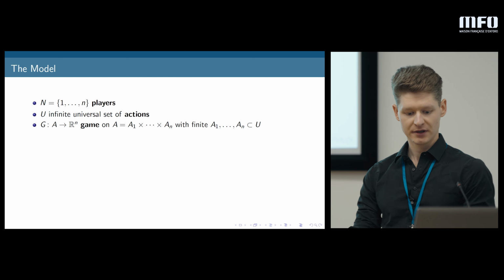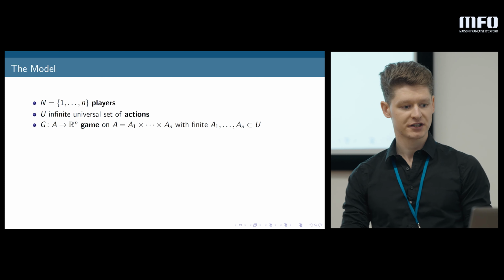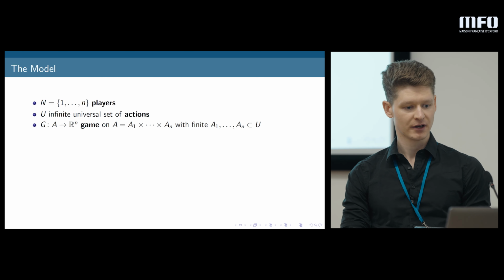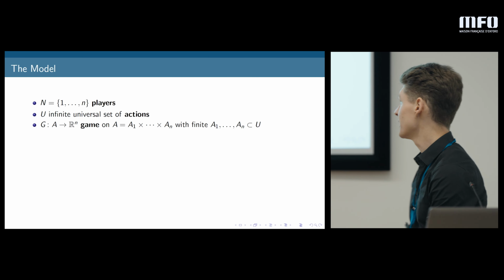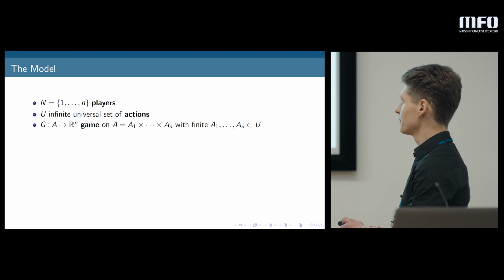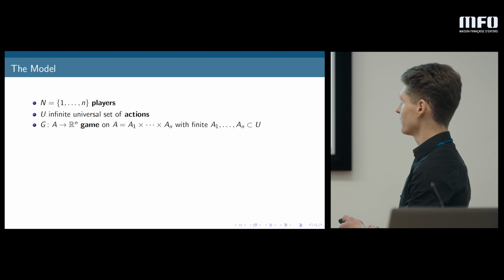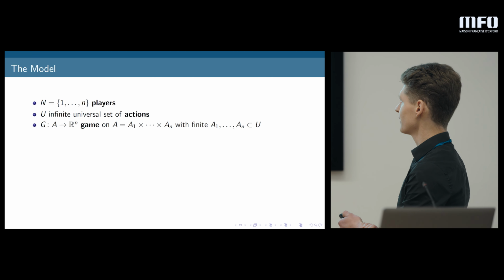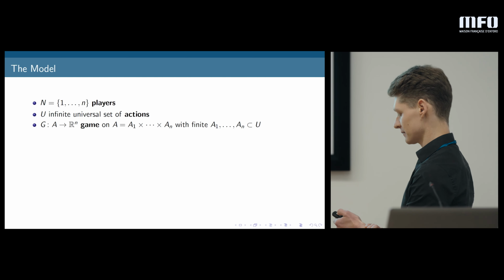And then a game is given by the utility functions. It associates to every profile of actions a payoff profile, where an action profile consists of one action for each player, and every player has a finite set of actions.